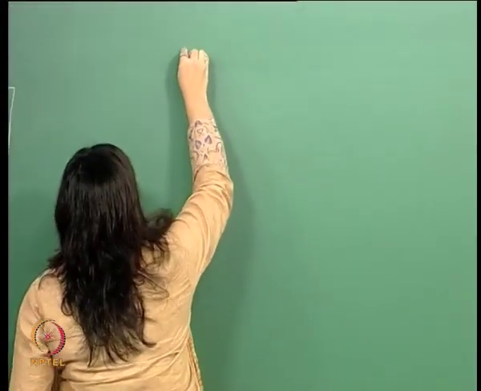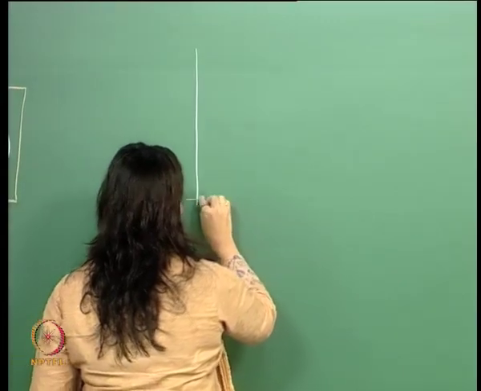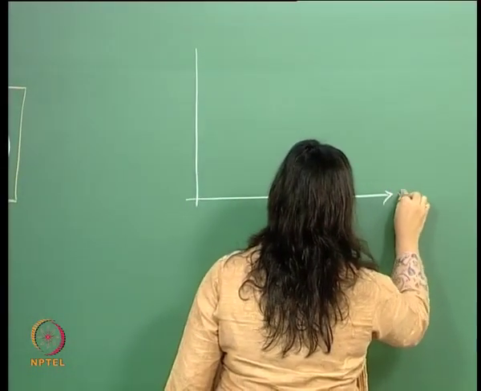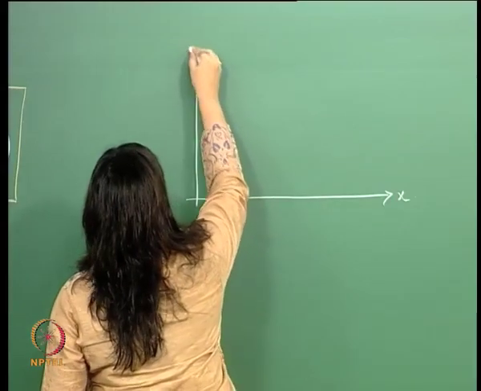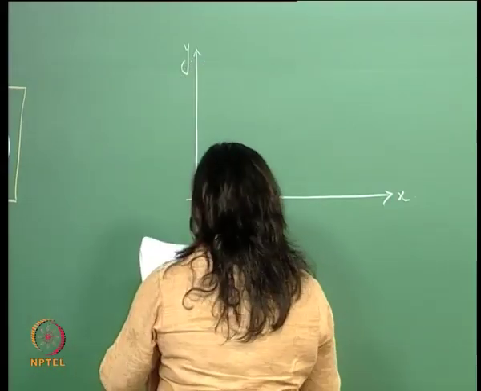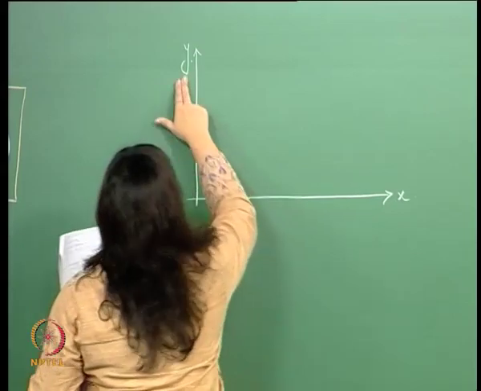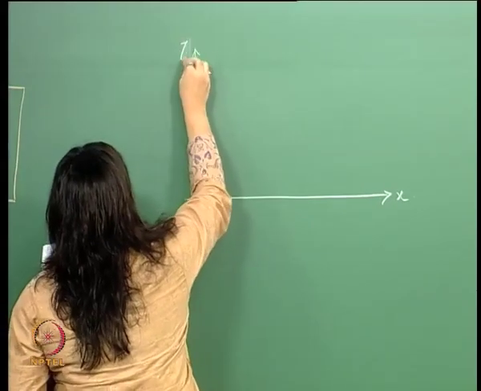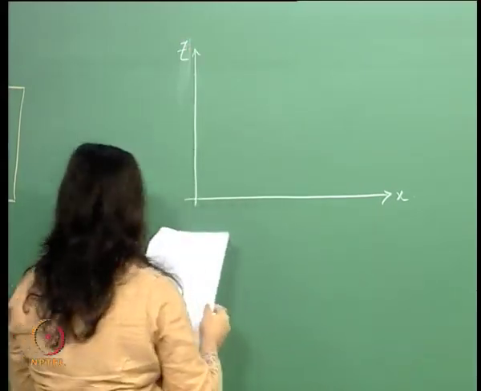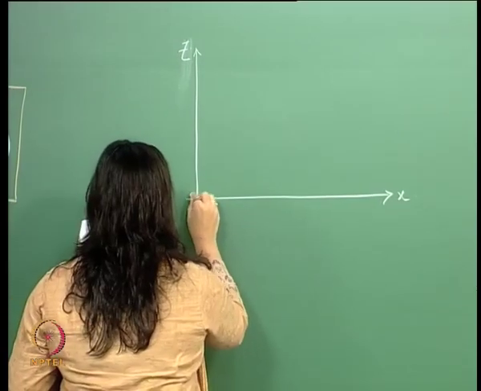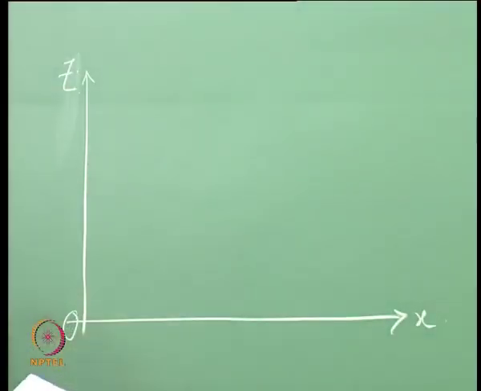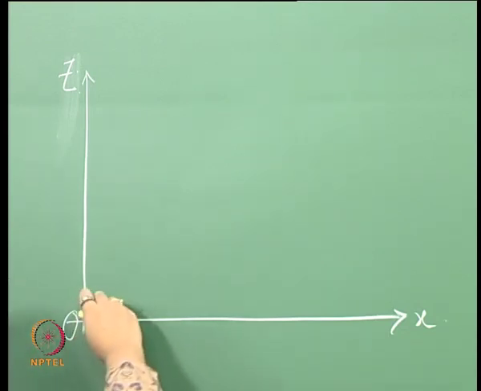So if we start with this problem, let's call this c, as we have done, and say this is the origin. Now if I use spherical coordinates here, how would that look?